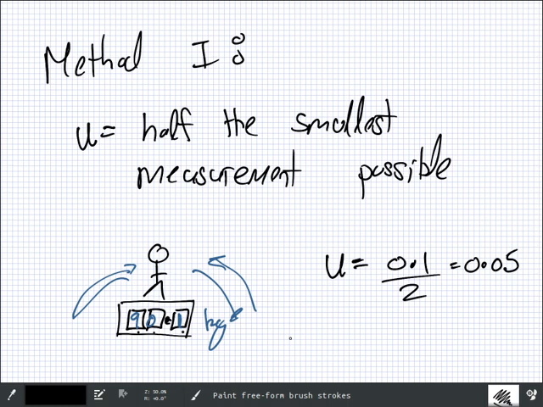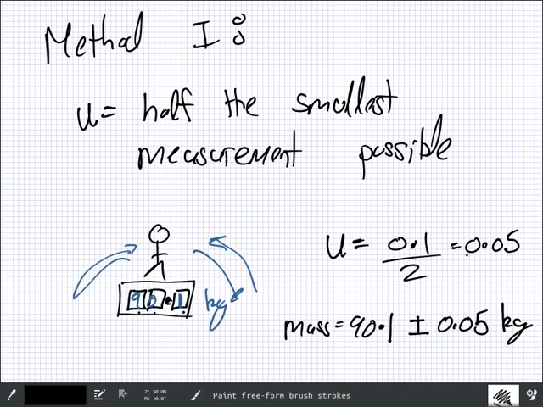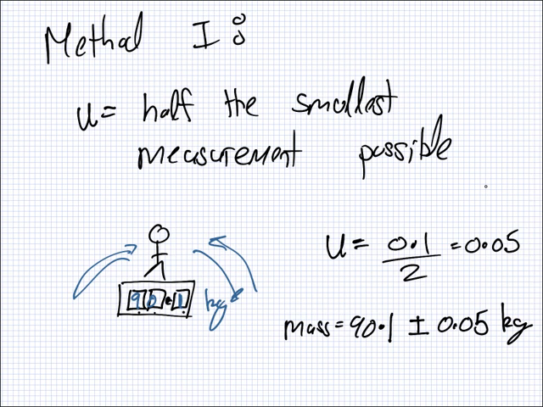So you would say his mass is 90.1 plus or minus 0.05 kilograms. Did you do that? I think maybe you did this rule with Lorraine, or not? No? You haven't done this with Lorraine. Okay, so this is new.